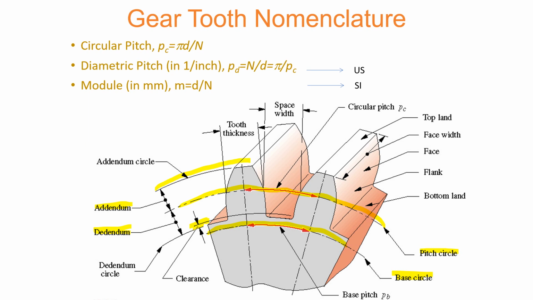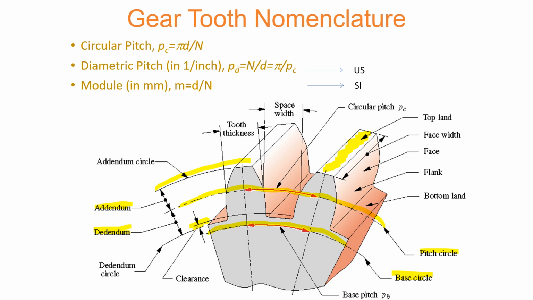So these are the two distinctive terminologies corresponding to what is above the pitch circle and what is below the pitch circle, being called addendum and dedendum respectively. And obviously there are going to be some other terminologies. For example, the top land is this area, which is the flattened area on top of the gear profile.